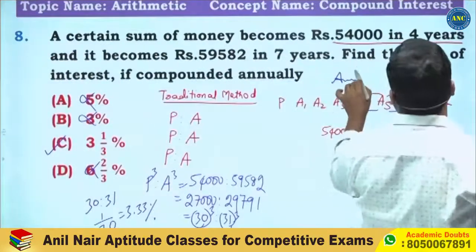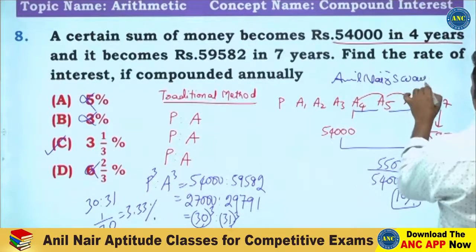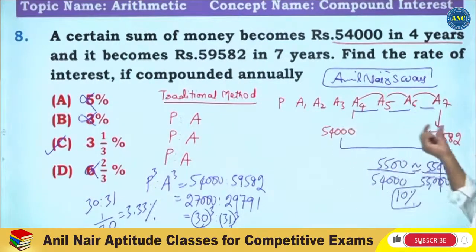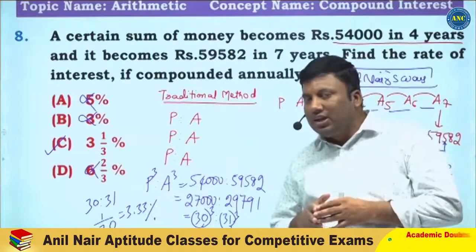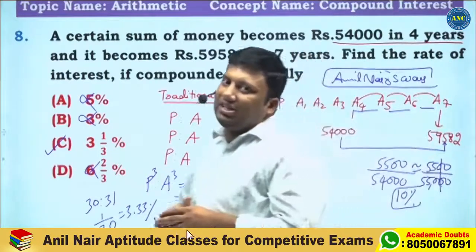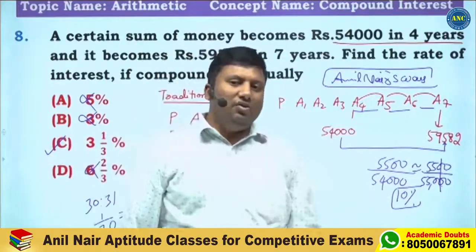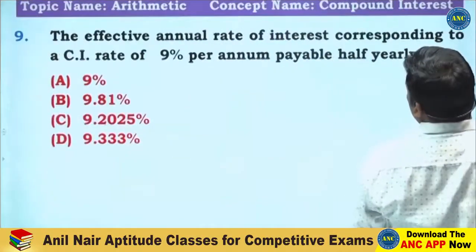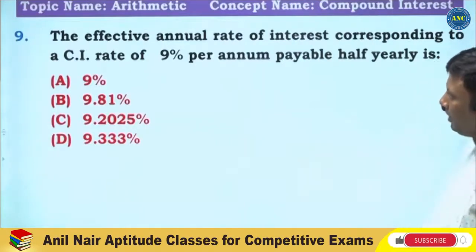Anil Nair's way of solving the question can be solved in 5 to 10 seconds if you get your fundamentals right. 54,000, 60,000. Increase is 6. 6 on 54 is 1 by 9. 11 percent around 3 years. Per year the answer should be around 3. Only one option is quite visible to me. I hope you are all enjoying the beautiful ways of solving compound interest problems. I hope it is clear.